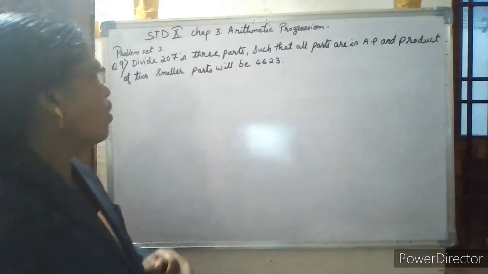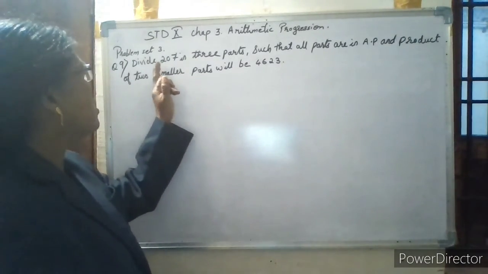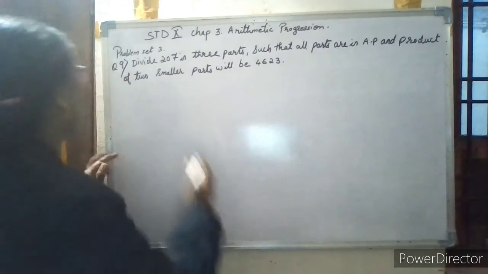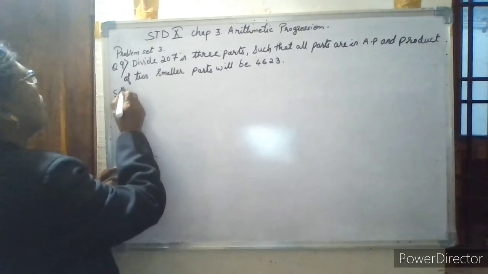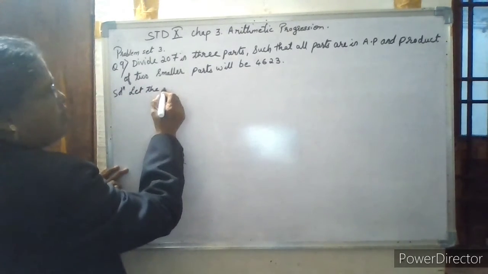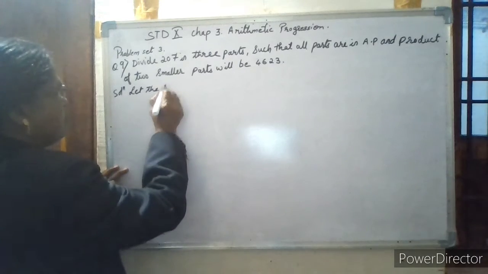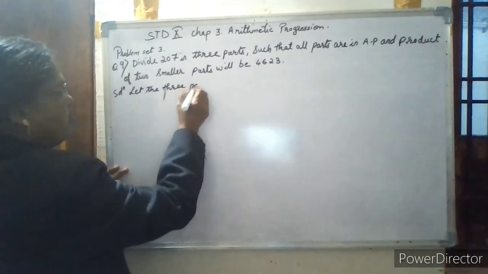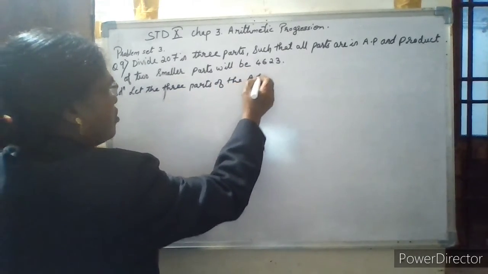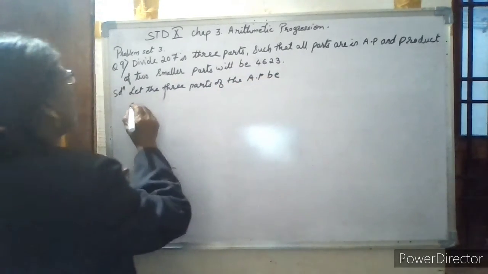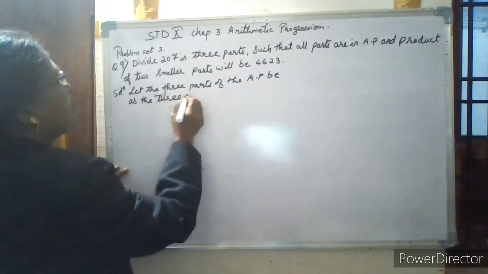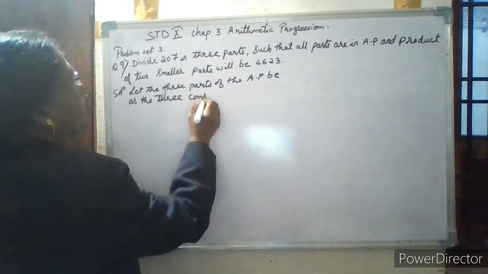According to the first condition, the sum of 3 consecutive terms is 207. So let the three parts be the three consecutive terms of an AP.